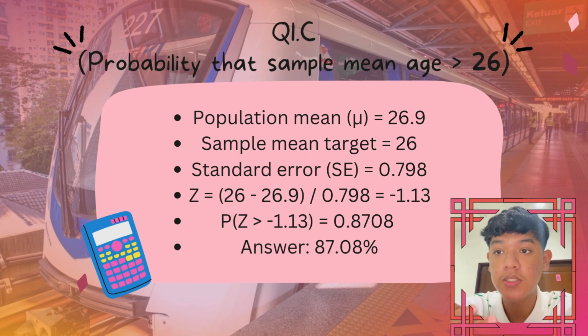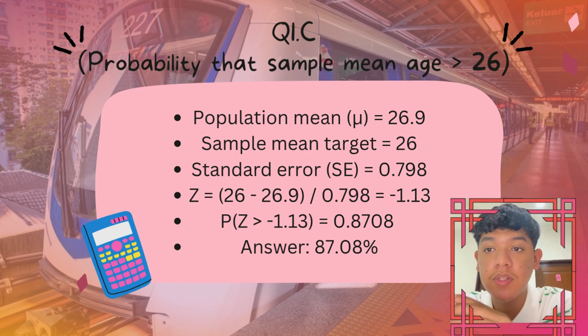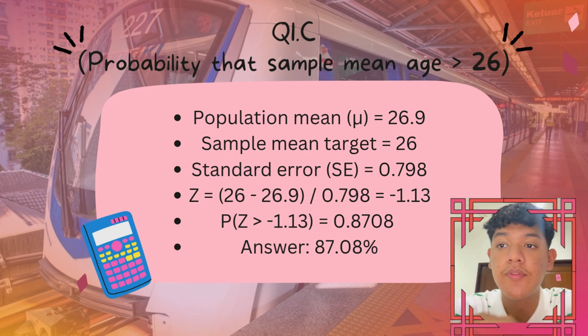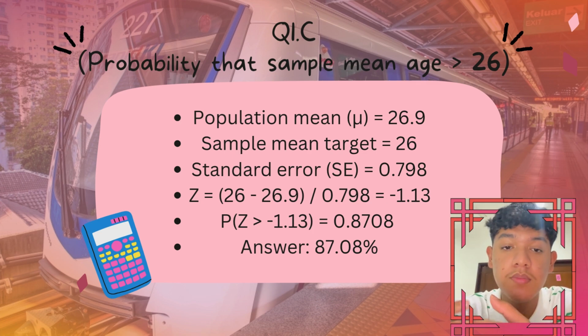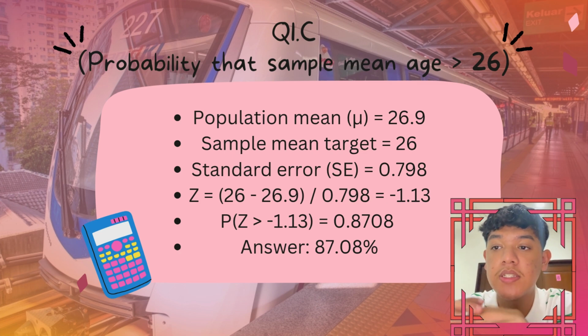For part C, the probability that the sample's mean age of LRT passengers is greater than 26 years is 87.08%. This means there is a very high chance that the average age of randomly selected passengers is more than 26 years old.